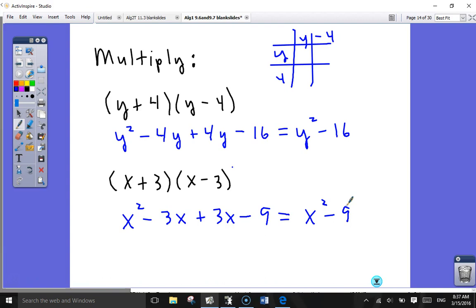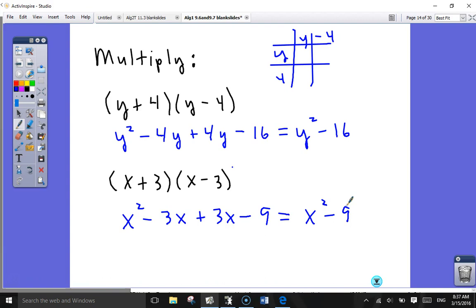So notice the pattern there. I multiplied y plus 4 times y minus 4, and I got y squared minus 4 squared, 16. I multiplied x plus 3 times x minus 3. I got x squared minus 3 squared, which is x squared minus 9.